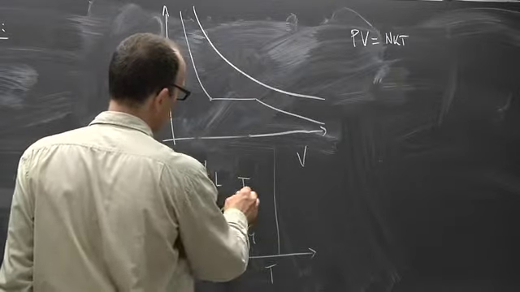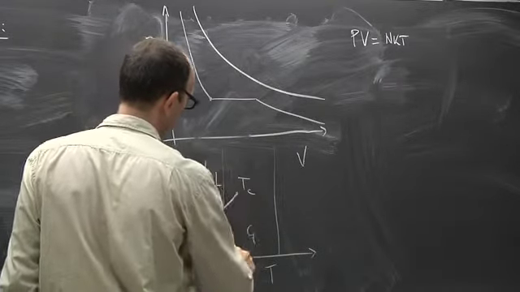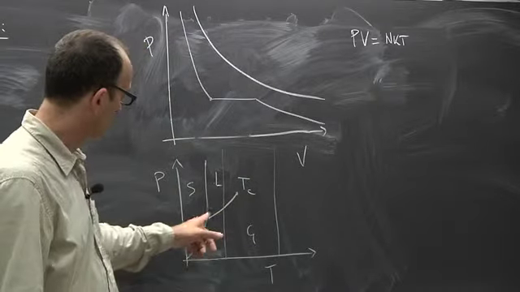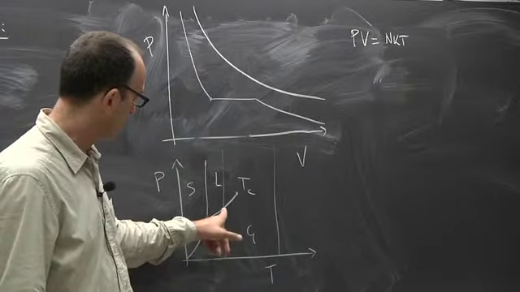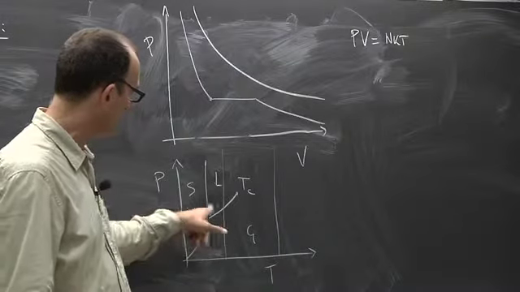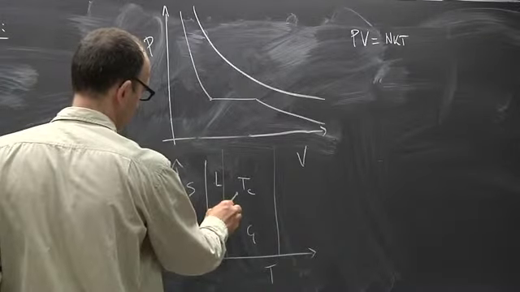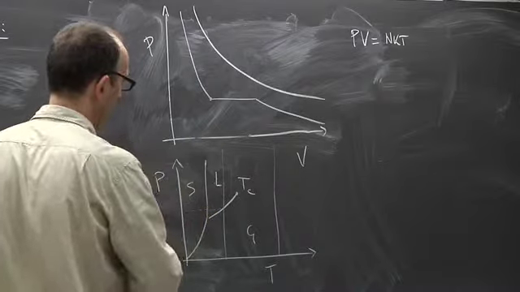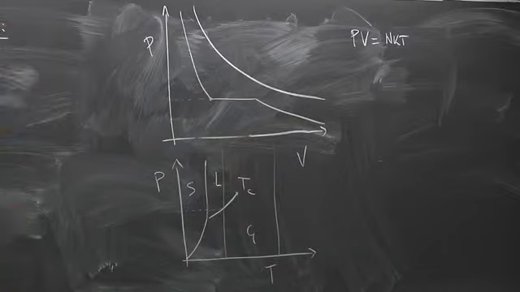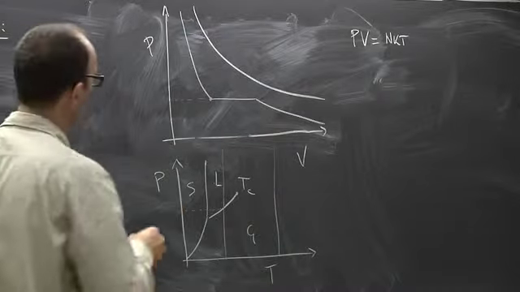If you are at a transition below this critical temperature, there is a particular pressure, which is this one, at which the gas will start turning into liquid.